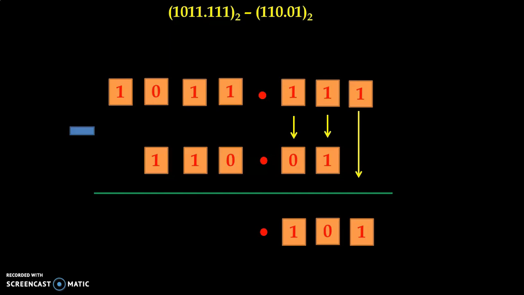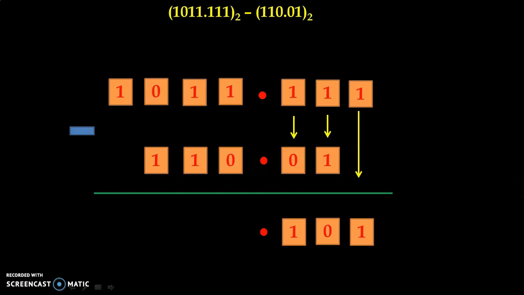Then we start with the integer values. In case of a fractional value, if we require to take a borrow, this borrow can come from the integer side also. But here there is no such condition, we do not require any borrow.